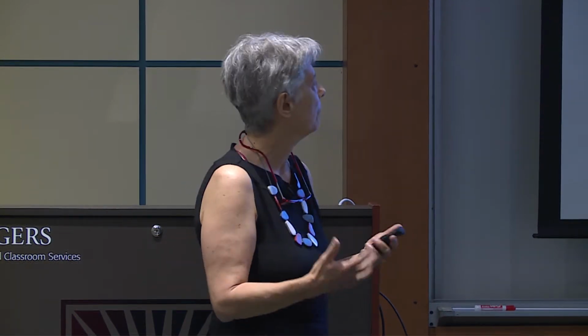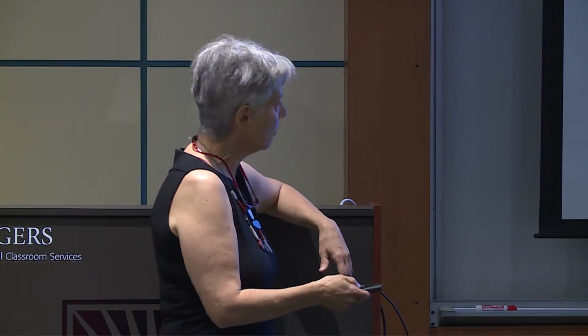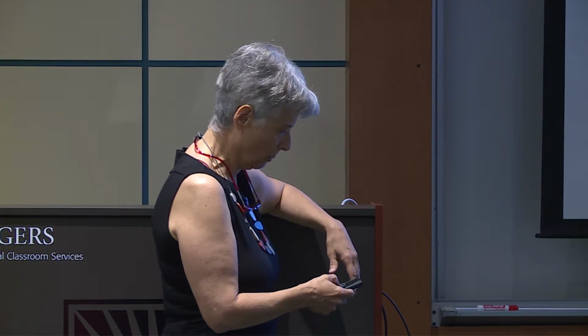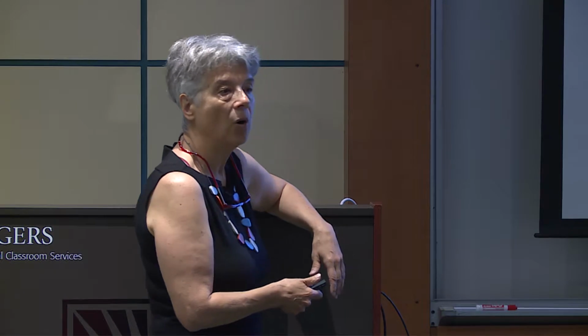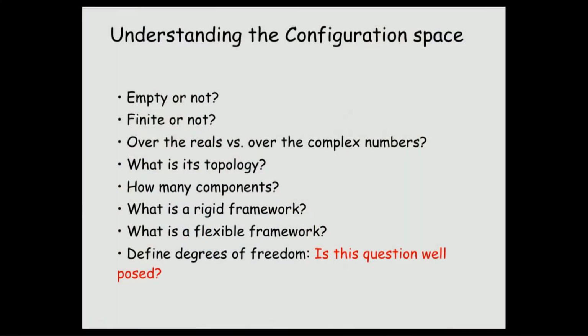Is it a manifold? Is this something of a higher genus? In particular, what is very relevant is how many components. Yes, are there particular configurations that we cannot reach by continuous motion? So they live in separate spaces, separate parts of the configuration space.